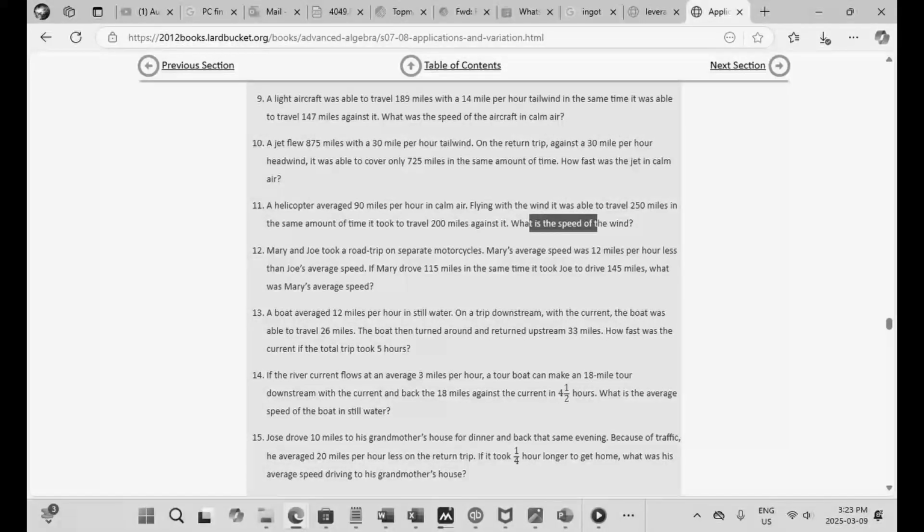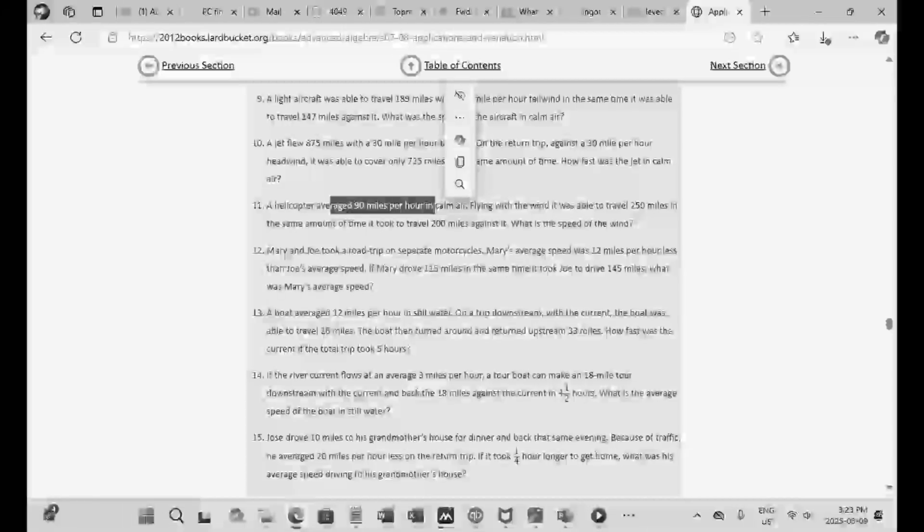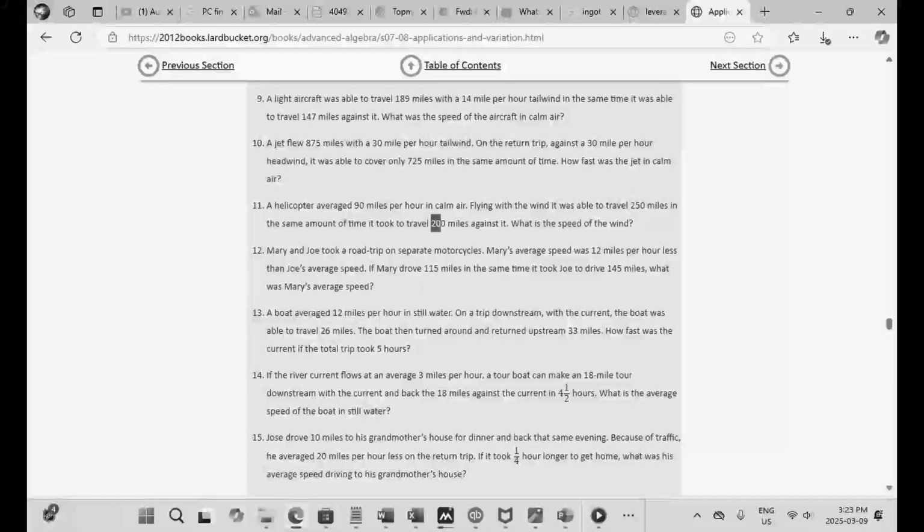First things first, we know that the speed of the helicopter is 90 miles per hour. It's given. We also know the total distance, which is 250 plus 200. And we know that 90 plus W, which is the speed of the wind, equals a certain amount of distance.